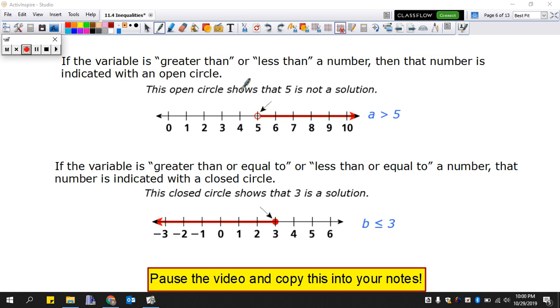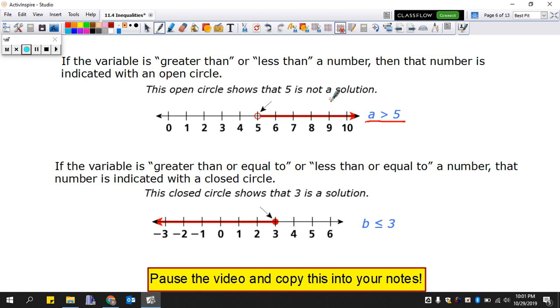In this case, the number that is written down is not part of the solution. So this would be a is greater than 5. You put an open circle at the 5 and you draw an arrow to indicate all numbers that are greater than.